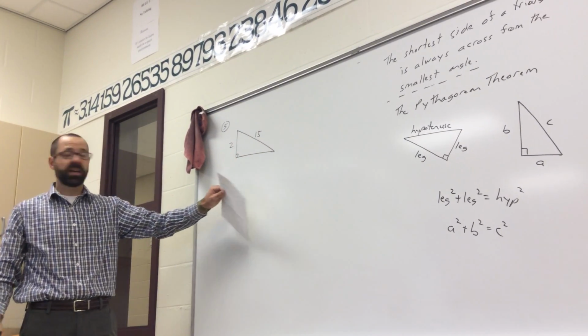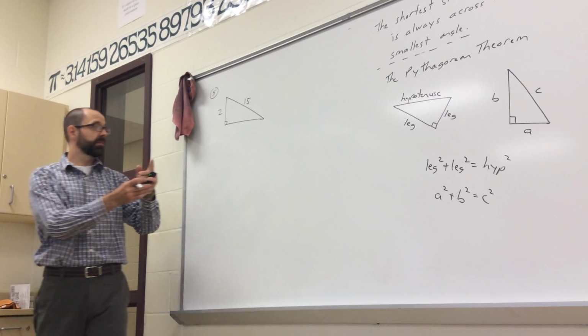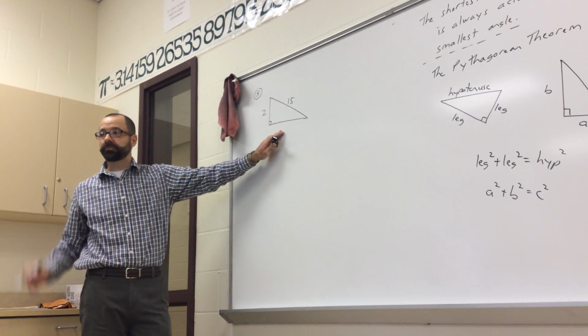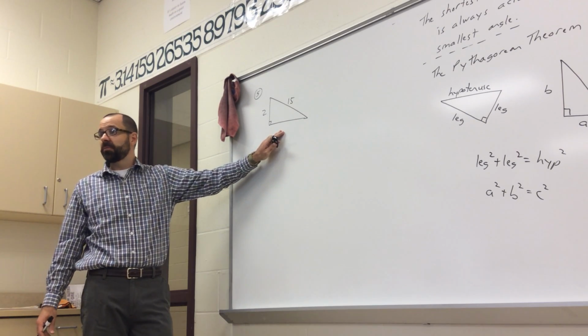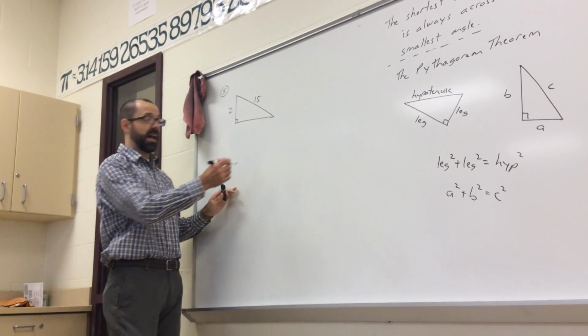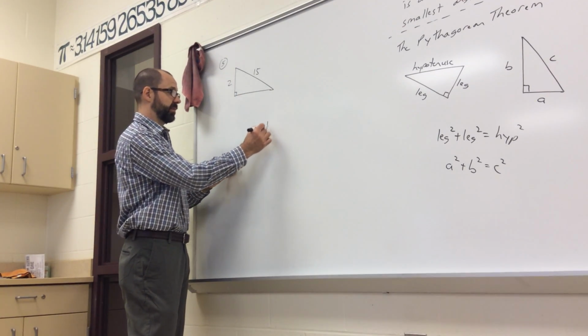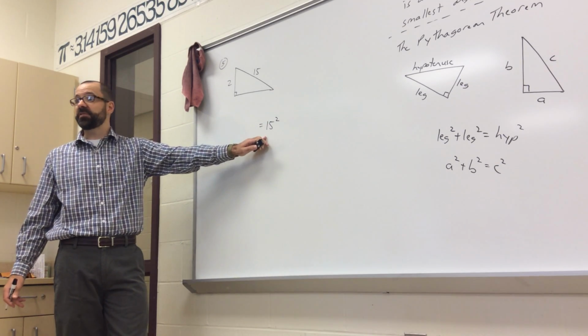And again, the directions say, find the length of the missing side. Now this one's a little bit trickier because they gave us the hypotenuse. So that one goes by itself. So you do equals 15 squared.